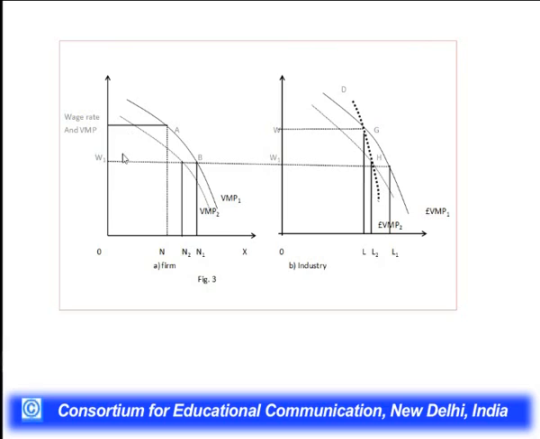Now when the wage rate falls to OW1, if the VMP is VMP1, then demand for labor is ON1. But actually what happens? When more labor and more capital is employed, production rises. Due to rise in production, price falls, and due to fall in the price, value of marginal product will also decline, because value of marginal product is equal to marginal physical productivity into price.